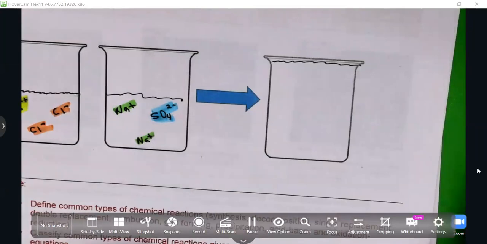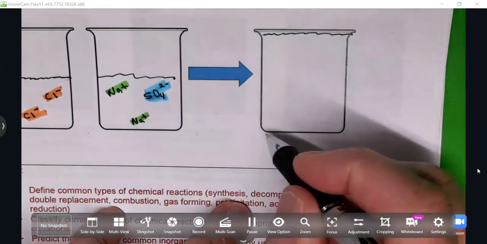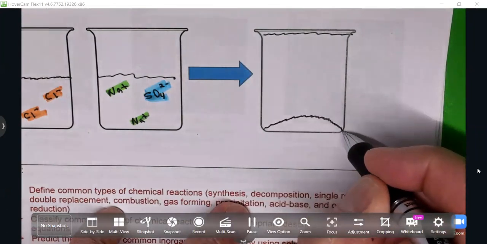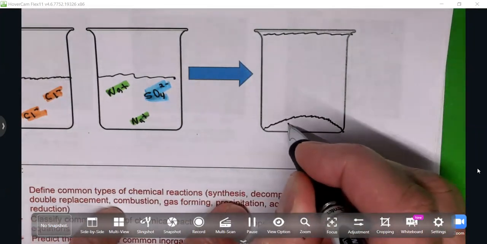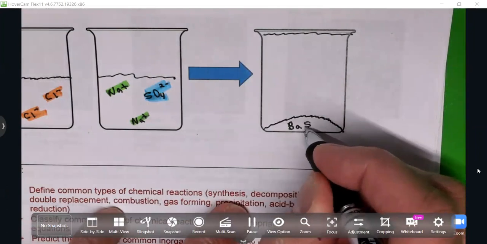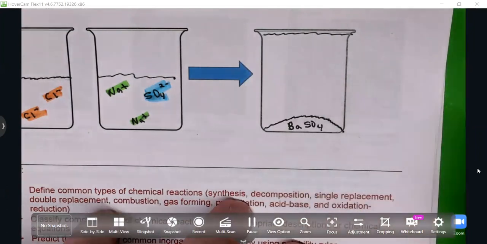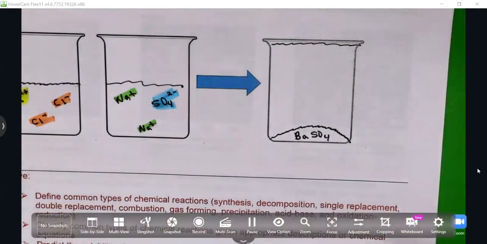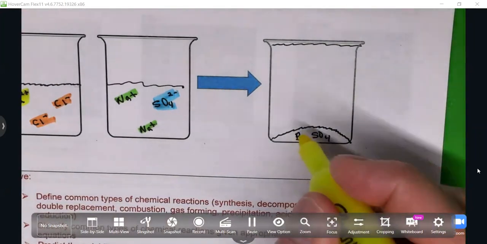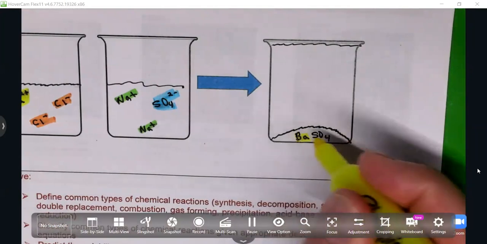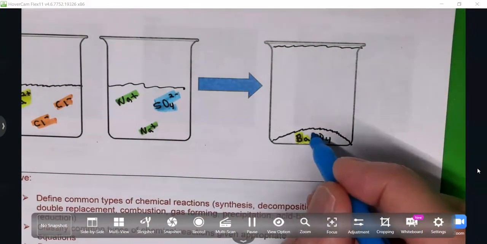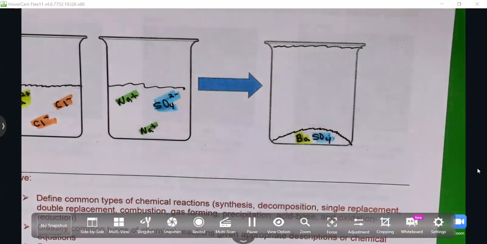I am going to have a precipitate that, if we let it settle out on the bottom here, is going to be barium sulfate. Barium from one beaker is getting together with sulfate from the other beaker.